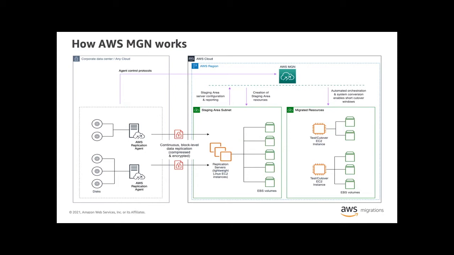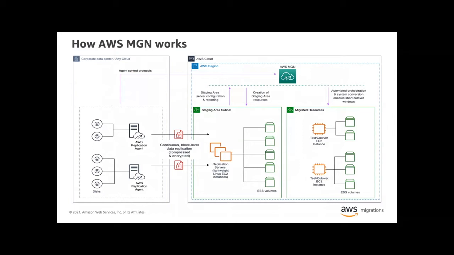So when it comes to the staging area, you're going to notice that we have something called the replication server, right? Pretty much what happens is that MGN uses your settings.